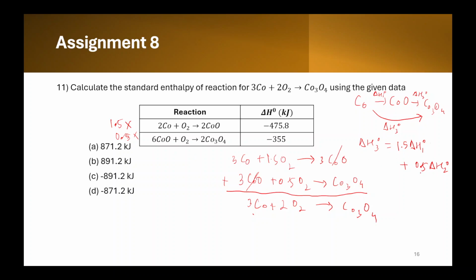And you get the resultant enthalpy also from this relation. So we write that 1.5 into minus 475.8 plus 0.5 into minus 355.